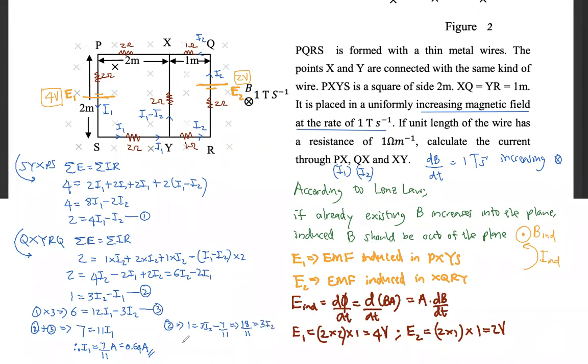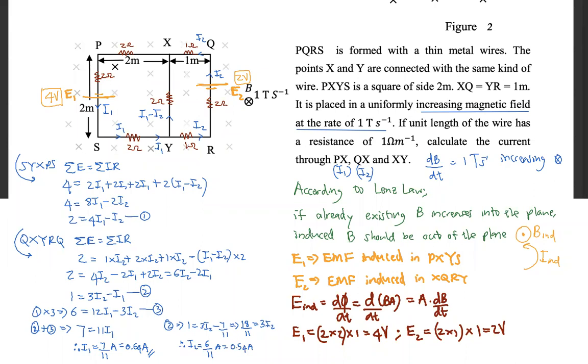So what is I2? When you divide 18 by 3, it's 6 over 11 ampere. What is 6 over 11? 0.54 ampere. That is I2.